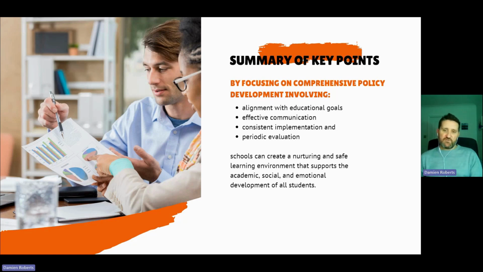When policies are thoughtfully crafted and diligently applied, they become powerful tools that promote a positive school or college culture and contribute to the overall success of the entire school or college community.